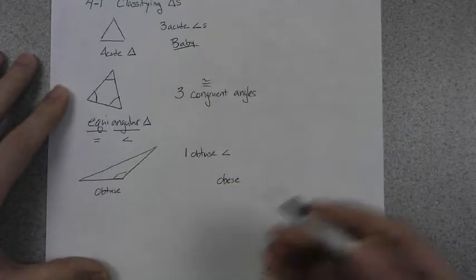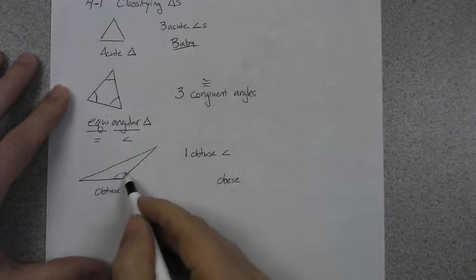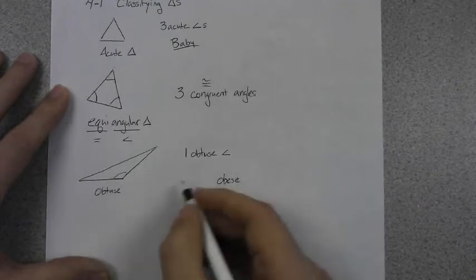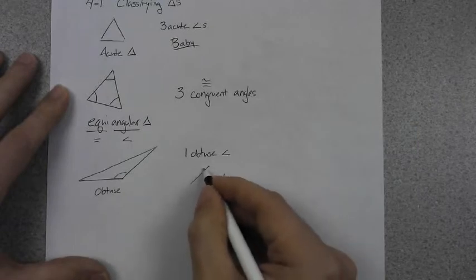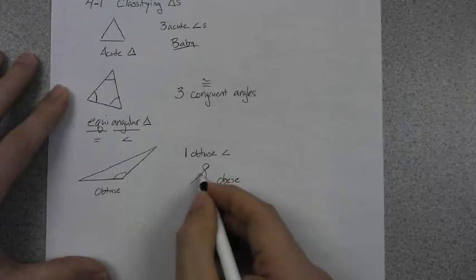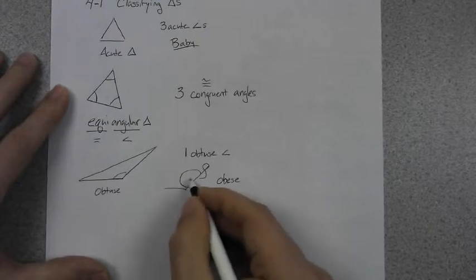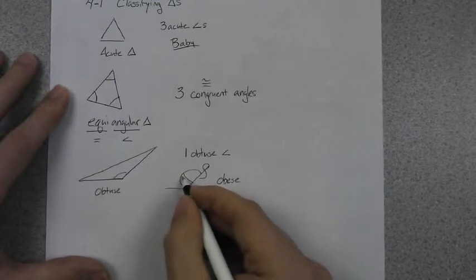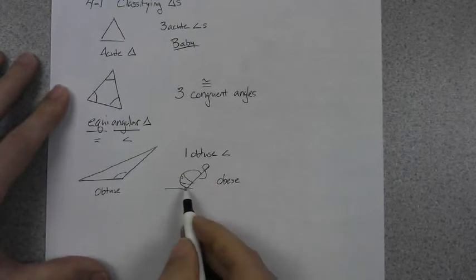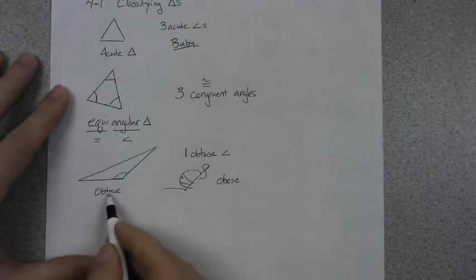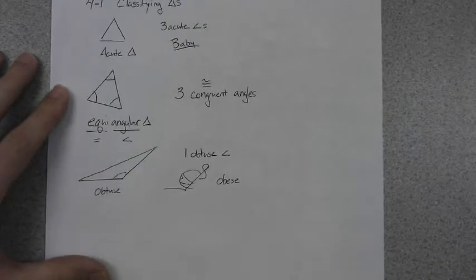And obese, very large, very fat. An obtuse angle, it's an extra large angle. It's more than 90 degrees. So if you picture somebody obese, throw a little belly there. Give him a shirt. There we go. If you picture somebody who is obese, obtuse, hopefully they're similar enough, that'll help you memorize that.